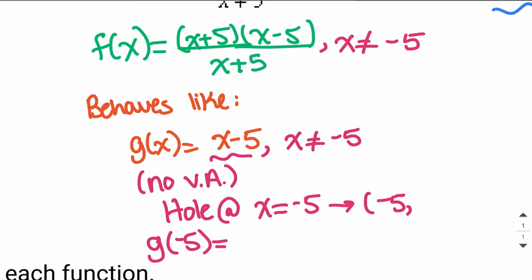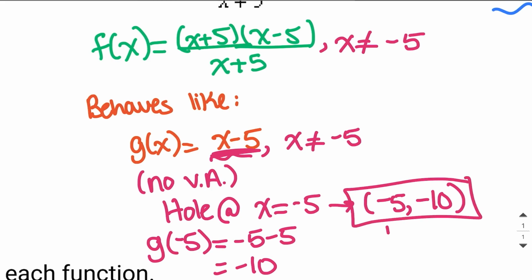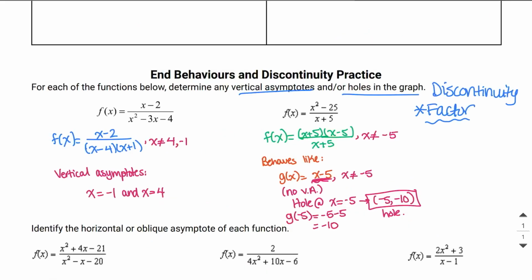But in g of x, it would be negative 5 minus 5, so it would be negative 10. So that means that we have a hole at negative 5, negative 10, with no vertical asymptotes because our g of x function does not have any vertical asymptotes.